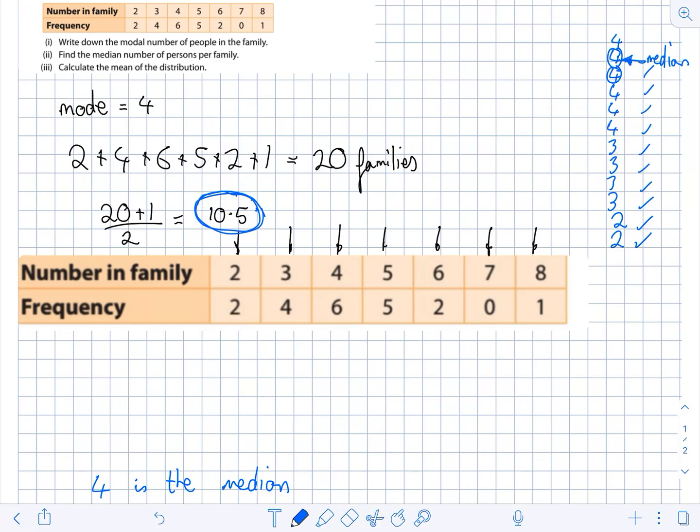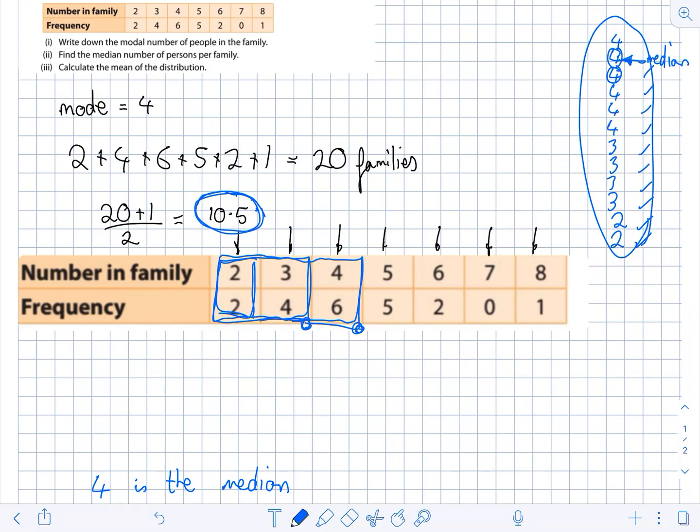Now, that's fine, but we couldn't do this all the time because sometimes we might have hundreds of terms in a frequency table. So we need to be able to use the frequency table to get our median. So we spot that if we were to list the information in this column here, we would list 2 things. And if we were to list all the information in these 2 columns, we would list 6 things. And if we were to list all the information in this column, well then we would list 12 things.